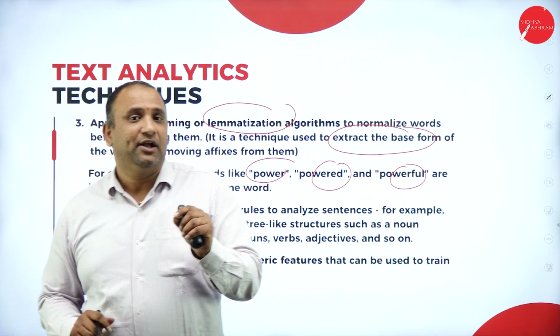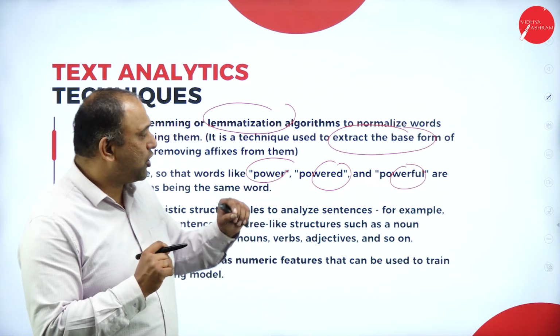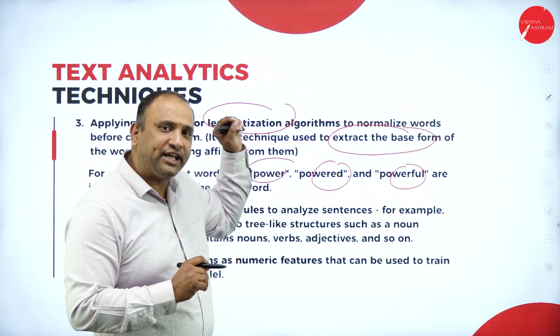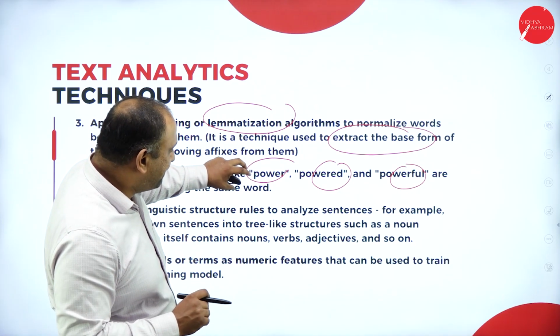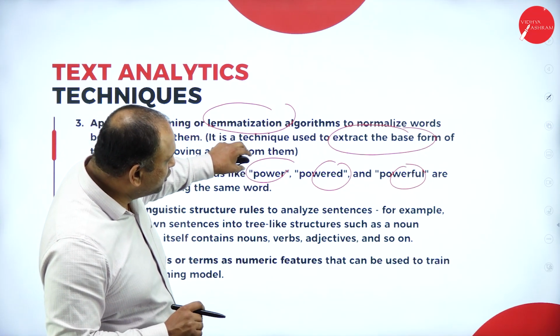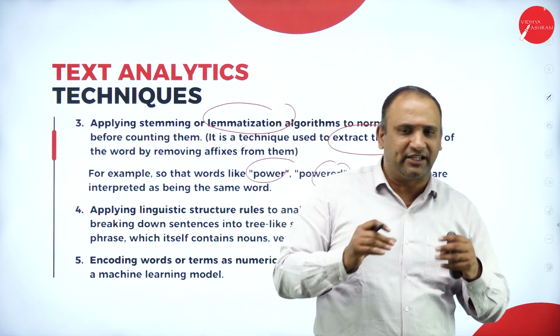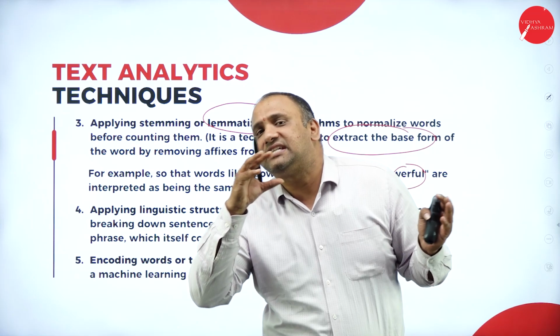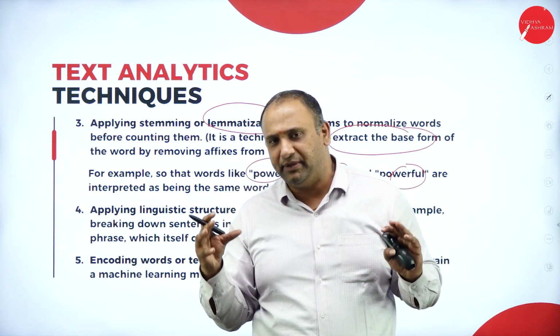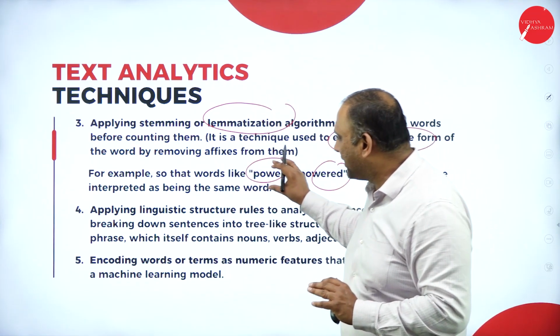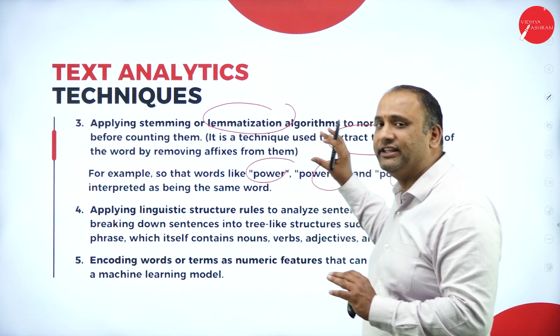But you know that meaning changes according to the word used in the sentence. Keeping the base word as power, you would be able to see powerful or powered or overtakes. All these words might sound similar, but they have different meanings. So what we try to do is keep the base word and remove all the other factors.